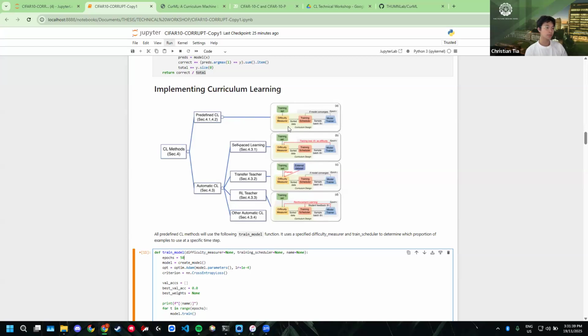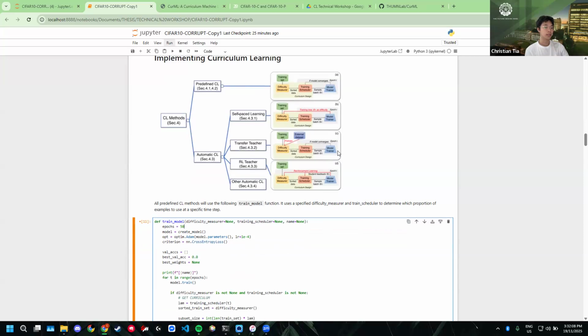So you as a researcher must have some expertise or prior knowledge of the characteristics of the data set in order to use predefined CL correctly. And the same goes for the training scheduler. You will be deciding, before training begins, how you move through the data set, or how much you increase the subsets throughout the steps.